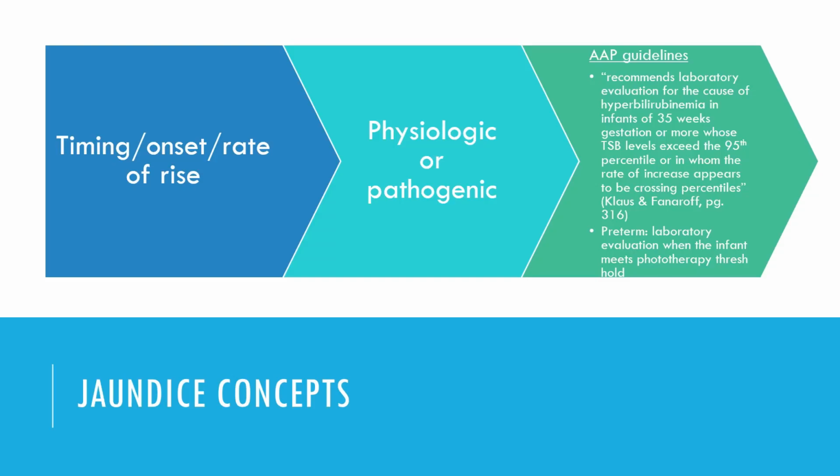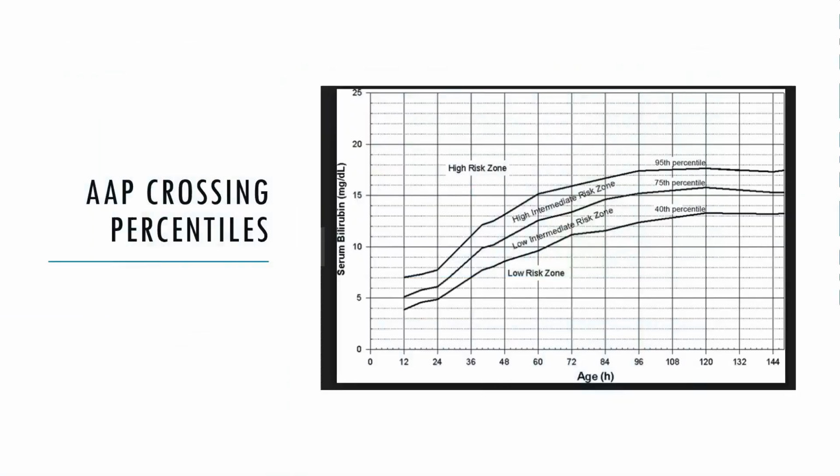And this next slide is just a picture of the nomogram with the percentiles. Obviously the bottom is the low risk zone here. And then you've got the low to intermediate risk zone, and the high intermediate risk zone.